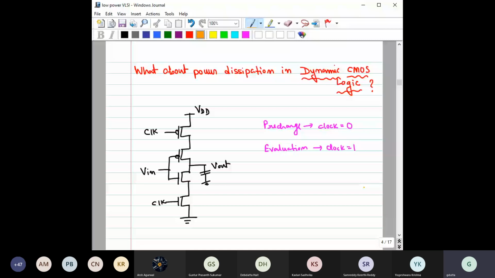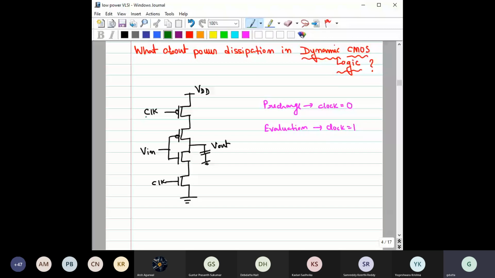The dynamic CMOS logic block diagram, if you recall, is like this, right? Here is the clock, here is Vin, and this is the function that you are going to implement, and you will keep the function here. It is not like multi-threshold logic design where this transistor has a different threshold and that transistor has a different threshold.